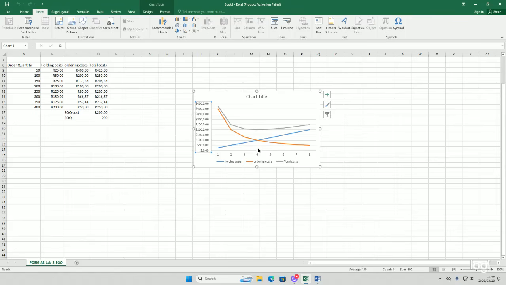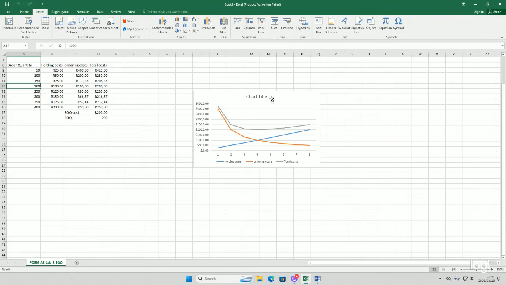Here, this is our quantity of 200, because we would see this holding cost in blue at 100, and then this ordering cost at 100, the intersection, and the quantity should be here, on the horizontal category.